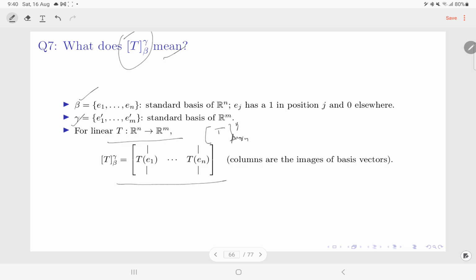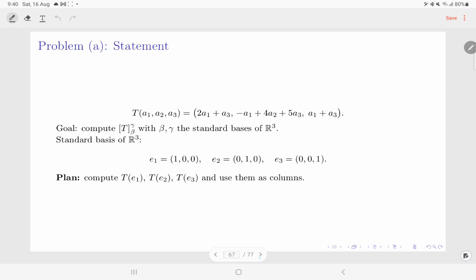Now let's replicate that in your assignment 2 questions. So this is your first question. The transformation is given as this. Just check your assignment question. Now your objective is to compute this transformation T for basis beta with respect to gamma, where gamma is the standard basis in R3.